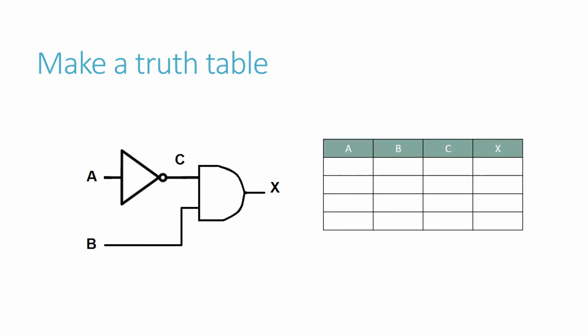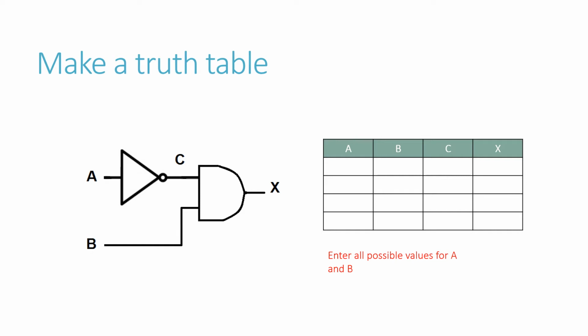So there are 4 inputs and outputs, A, B, C, and X. Conventionally, I tend to give all the inputs and outputs consecutive letters of the alphabet, except for the final one, which I give a letter which is at the other end of the alphabet. That's just how I typically do it.